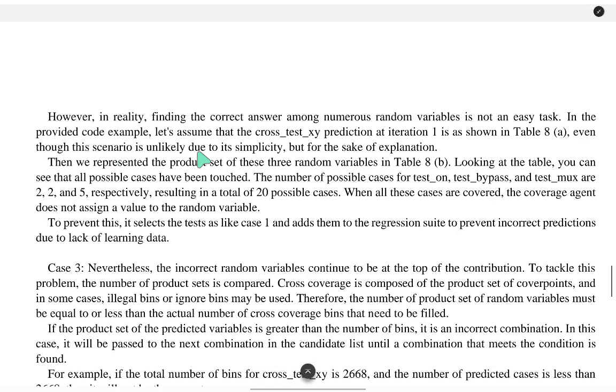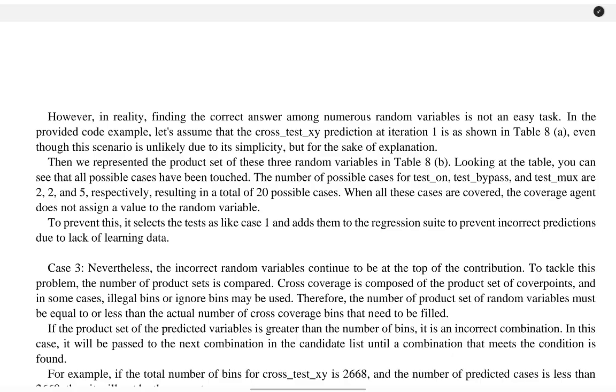However, in reality, finding the correct answer among numerous random variables is not an easy task. In the provided code example, let's assume that a cross-test XY prediction at iteration 1 is shown in table 8a.